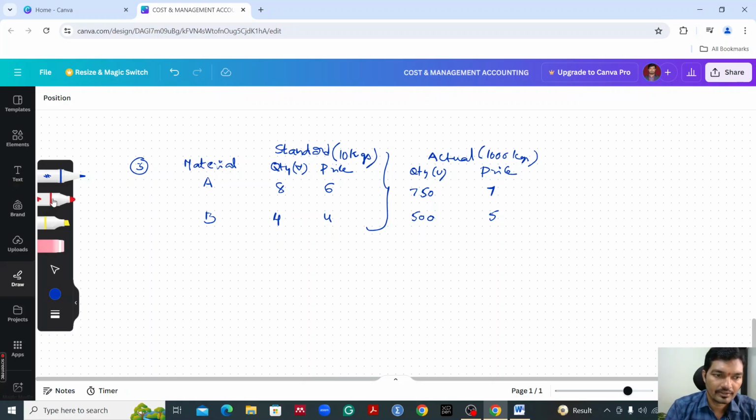So first we will do the conversion. First material A: for 1000 kgs the actual quantity is 750, right? So first we need to convert this standard quantity.